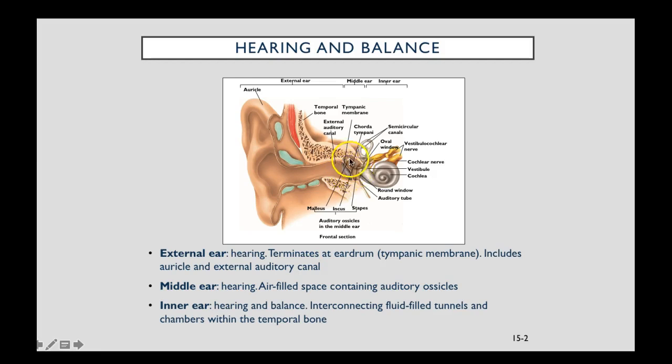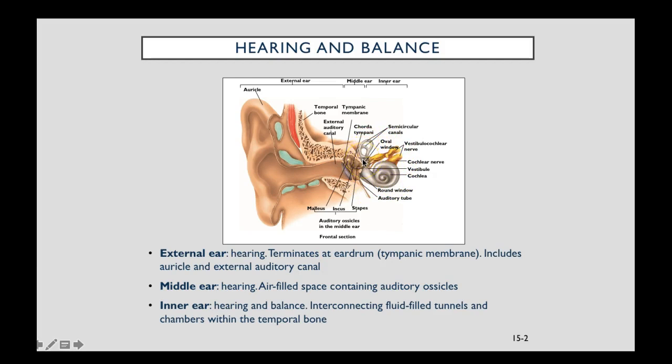Next we have our middle ear, which is just this small section over here. This will also assist us with hearing and is an air-filled space where we're going to have our three auditory ossicles. And then lastly, beyond that point we have our inner ear, which is going to assist us with both hearing and balance.